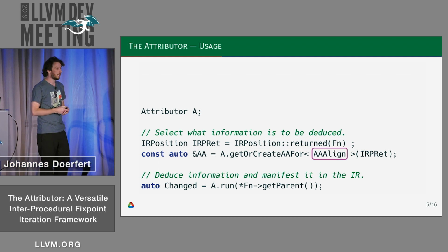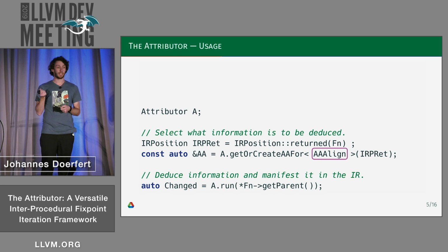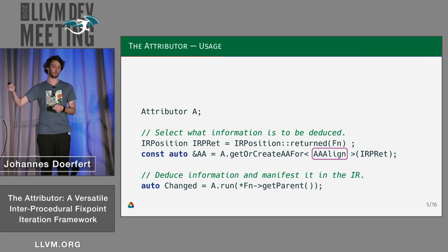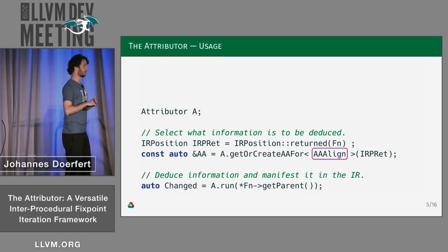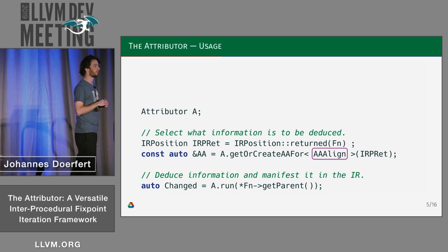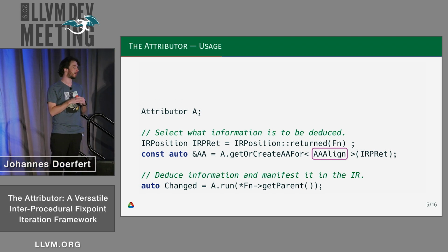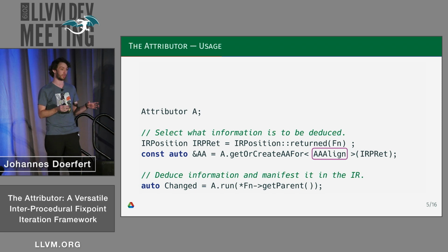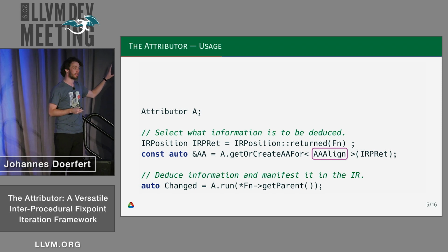And then we say, attributor, get or create an abstract attribute with the type abstract attribute aligned for this position. So that is initially seeding the abstract attributes we're interested in. That's how you tell the attributor what it should derive information for, what kind of information and for what positions. And that is all you would do for this example.